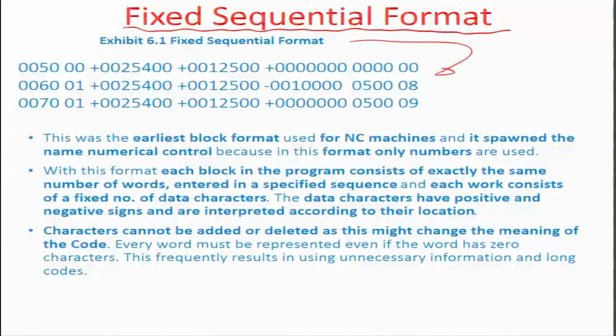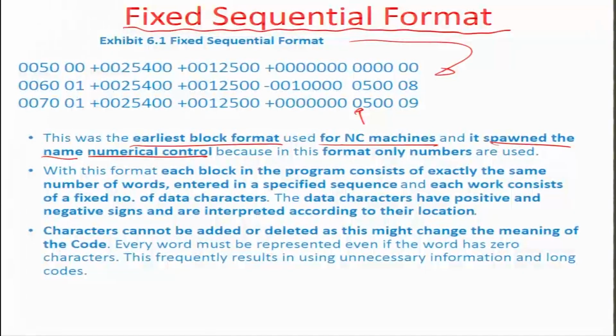Incidentally, this was one of the earliest block formats which was used for NC machines, and this is from which actually the name numerical control spawned, because it was all numerics, as can be seen in this exhibit right here. Formats only made up of numbers.